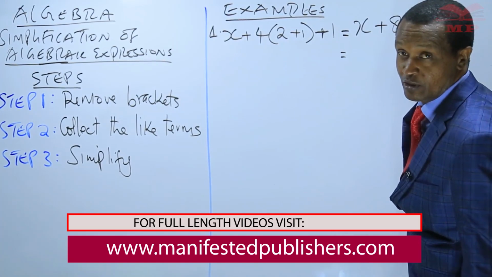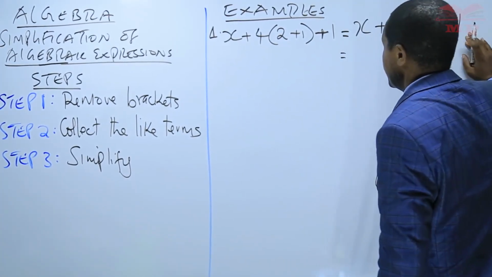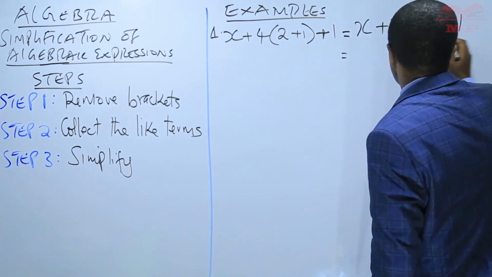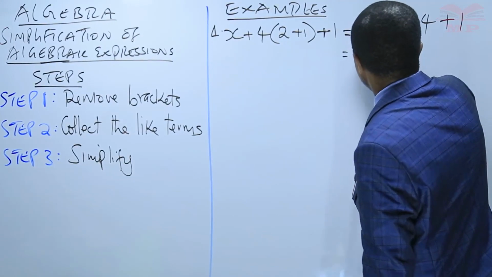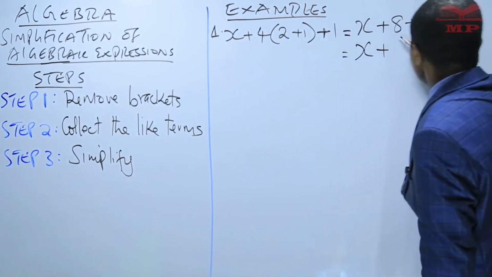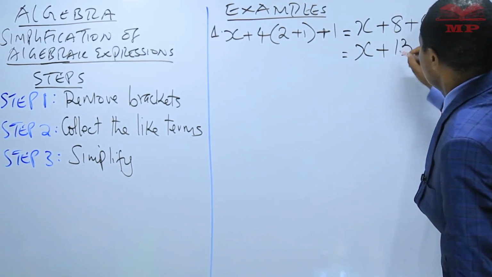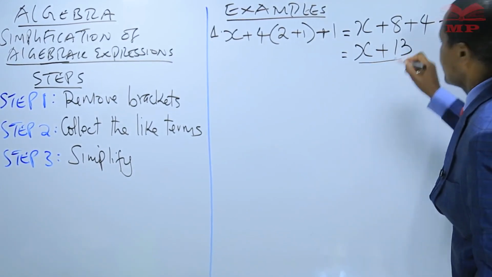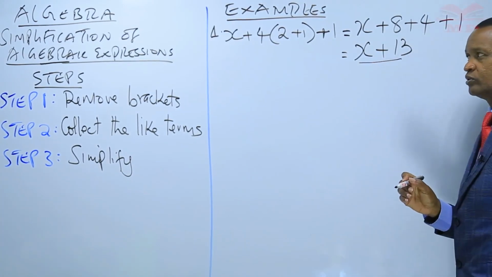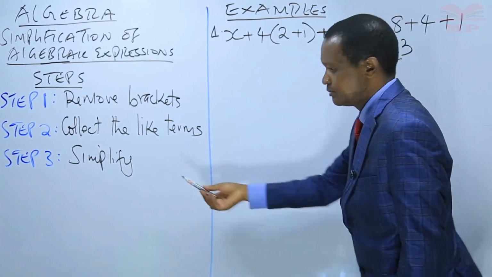By just removing the bracket, the like terms you can see are together. 8 is like 4 is like 1. Then this x is on its own. So you have x plus 8 plus 4 plus 1 is equal to 13. So we have simplified. This is the answer. So 3 steps: remove brackets, collect the like terms, then simplify.